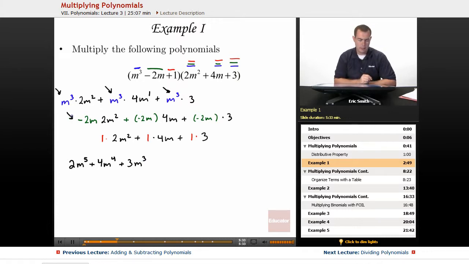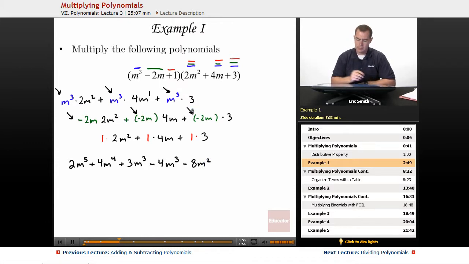And now we continue down the list over here. So negative 2m times 2m squared. Well, 2 times a negative 2 would be a negative 4. We'll add the exponents and get an m cubed. Now we'll go to this guy. Negative 2m times 4m. Negative 8m squared. Now this one.